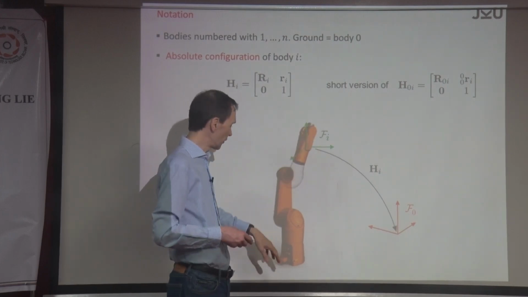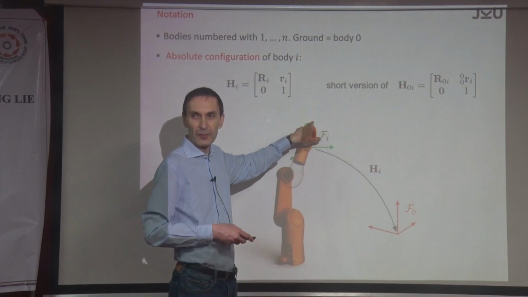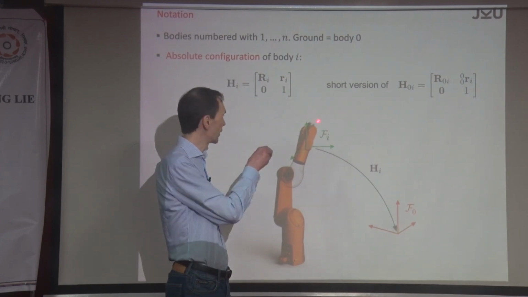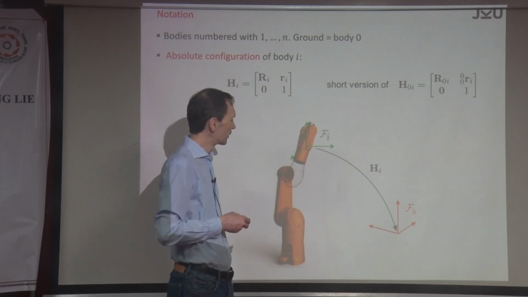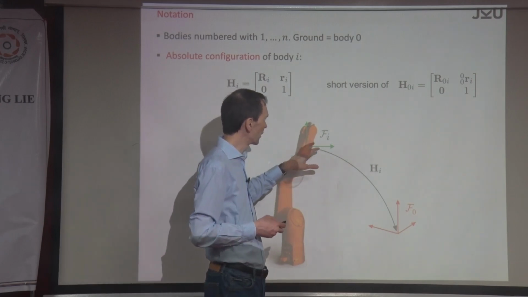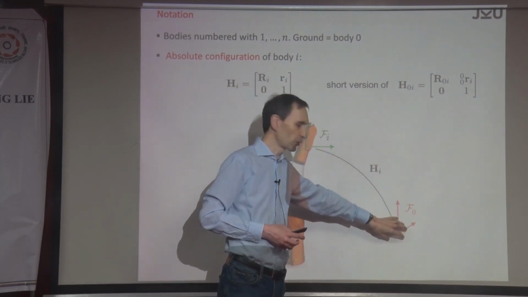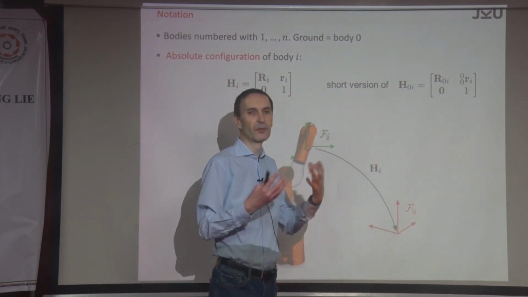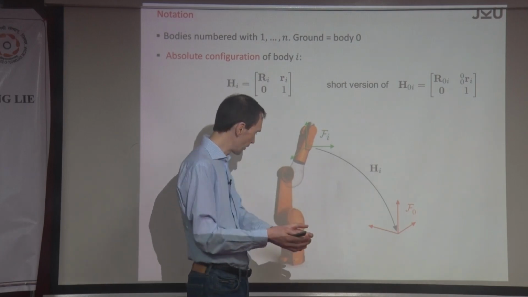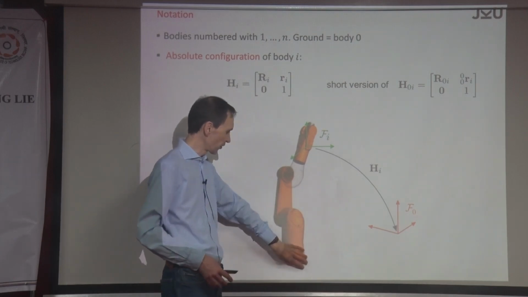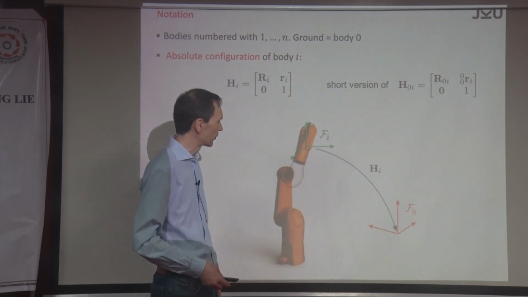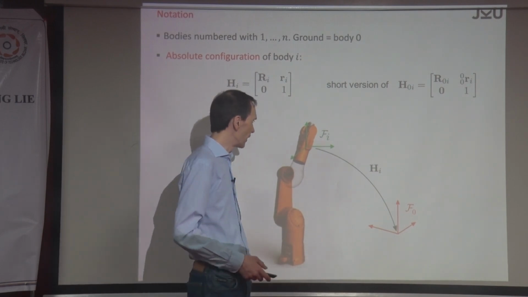In this case we have 6, this would be F6, attached to the end effector. And the question is, how is this end effector frame positioned relative to the world fixed frame? We have one frame that is fixed to the ground, and this is also link number 0 if you want.